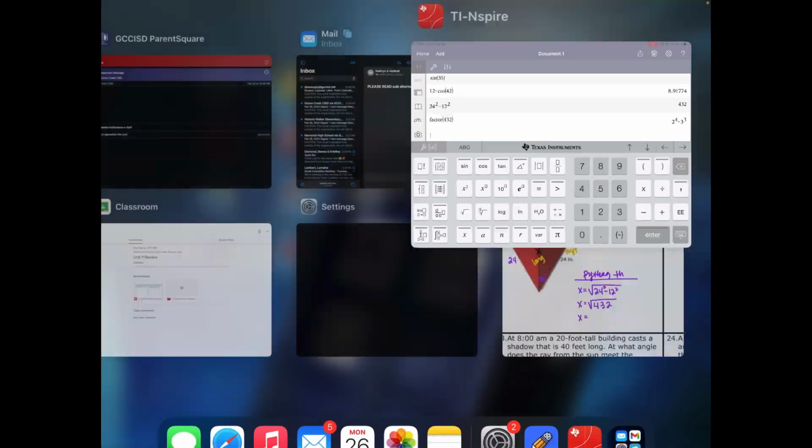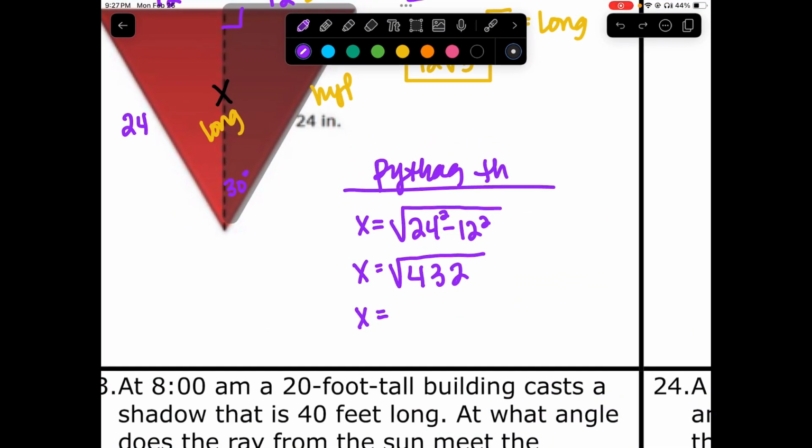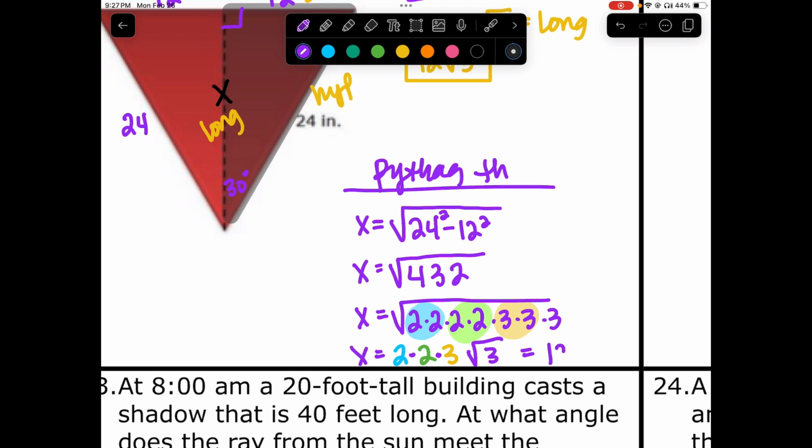All right, 2 to the 4th, 3 to the 3rd. And then take out the doubles. And a 3 is left. If we multiply 2 times 2 times 3, that'll give us 12 square root of 3. So you get the same answer either way.